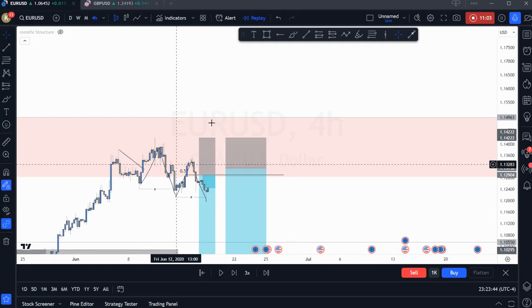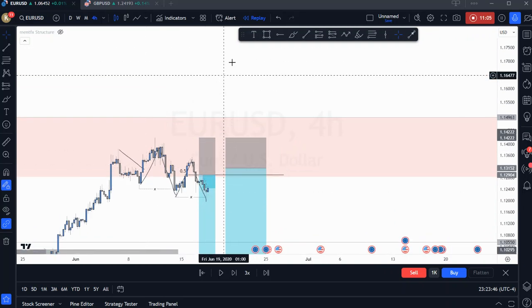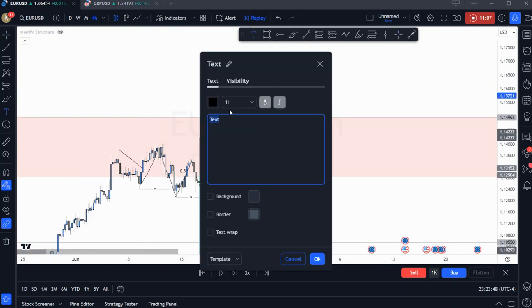Again, let's see, I can probably do some more math here. This one's a 1 to 4. So 1 to 4 RR, I'll do 0.5. Risking 0.5% on this one should give me 2%, right? 2% gain.